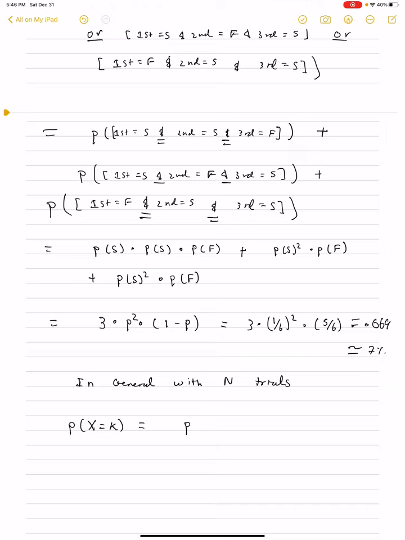Here it was to the exponent of 2. That corresponded to 2 successes. K has the role of 2 here, so that will be P to the K.